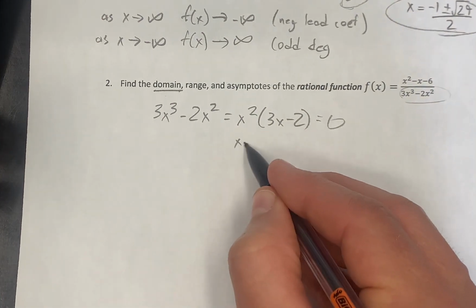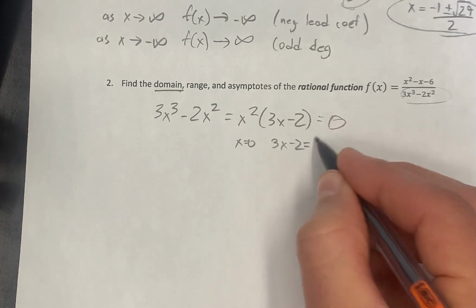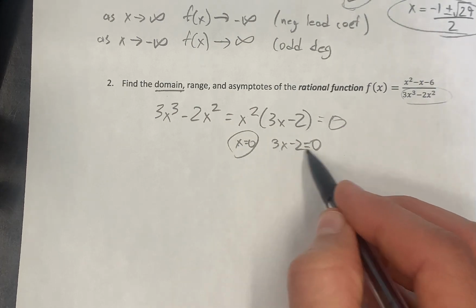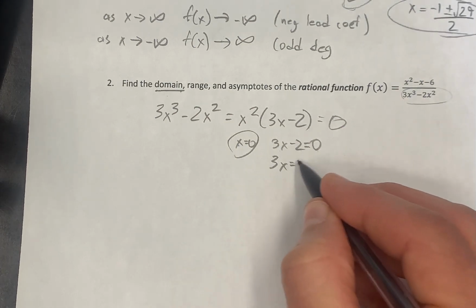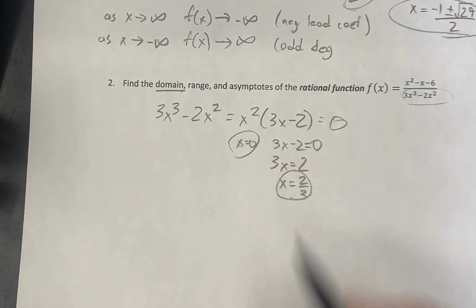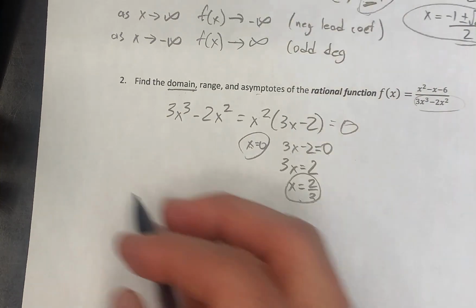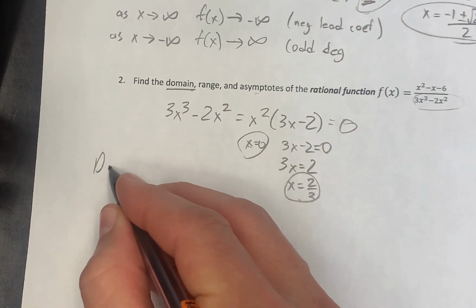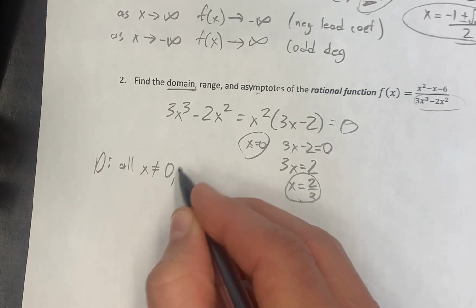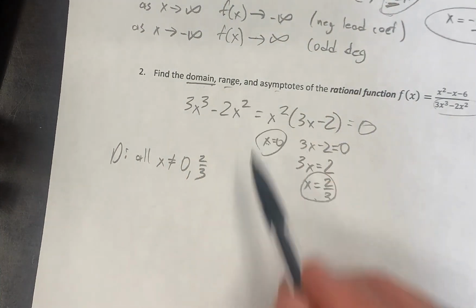It's going to equal 0 where x equals 0, and where 3x minus 2 equals 0. That means 3x equals 2 or x equals 2/3. Those are going to be both the holes in the domain and the vertical asymptotes. But as far as domain, we could say all x not equal to 0 or 2/3. Now for the range, we'll hold off just a moment.